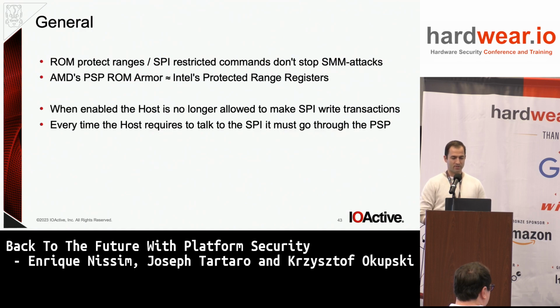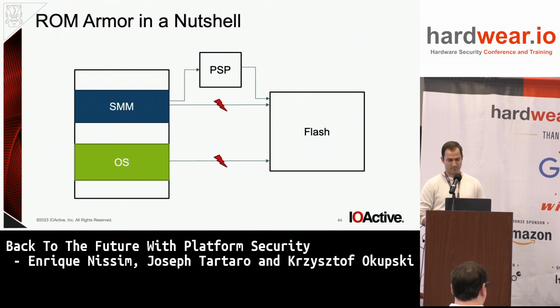So what it does essentially is, when this feature is configured, you're not allowed to send write transactions to the SPI Flash controller anymore from the host CPU. Actually, what it does is it requires the host CPU to go to the PSP, and the PSP, for those maybe that are familiar with it, is an embedded CPU within your AMD CPU that will do the gatekeeping at this stage.